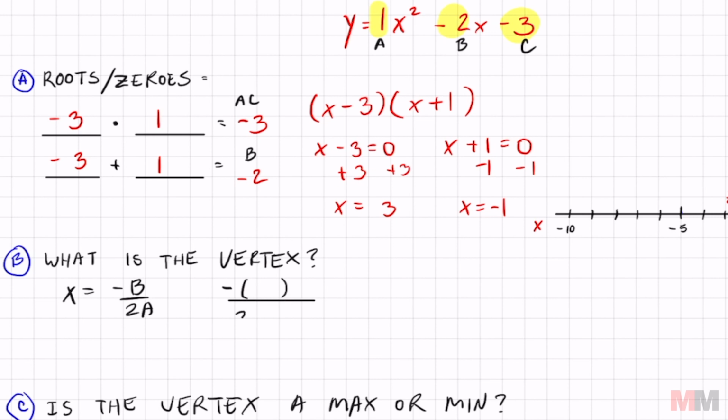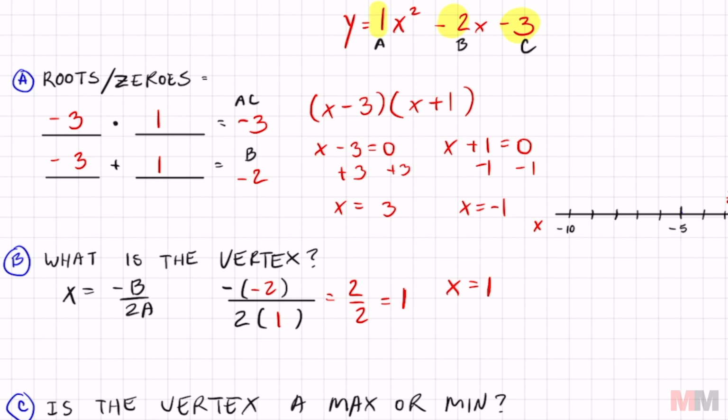If you do that, you will not miss this double negative that's about to happen. Because my B is not just a 2, it's -2. So I'm going to put -2 here, and for 2A, my A is 1. Simplify that, that becomes 2 over 2, which equals 1. So that's not a coordinate yet, that is just X equals 1.